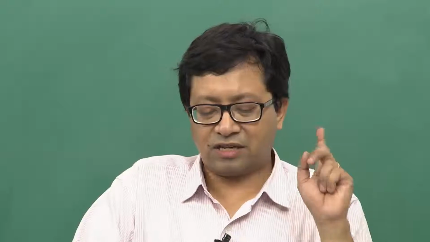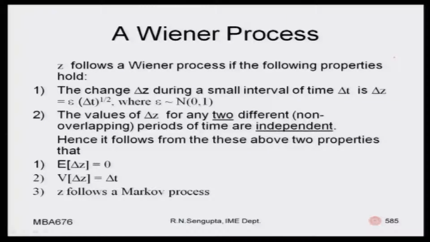The change delta Z during a small interval of time, delta t, is related in this way: if delta t is the time and delta Z is the difference, then the relationship between delta t and delta Z is given by delta Z equals epsilon multiplied by the square root of delta t.